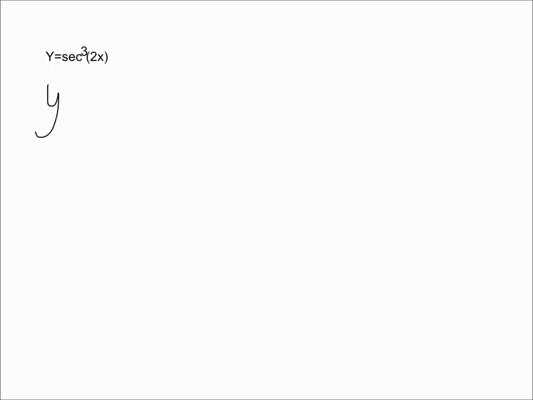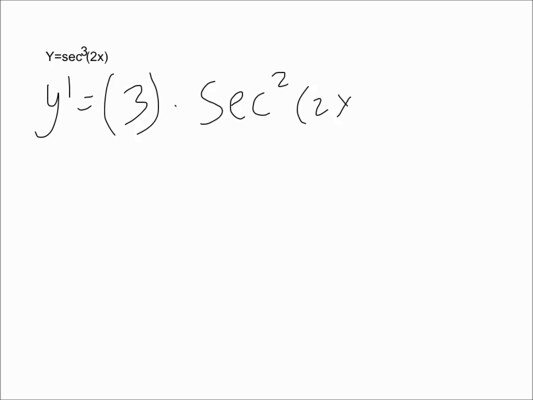Y prime is equal to 3 times the secant squared, because it's minus 1, of 2x, put that in brackets, times the derivative of the secant of 2x.